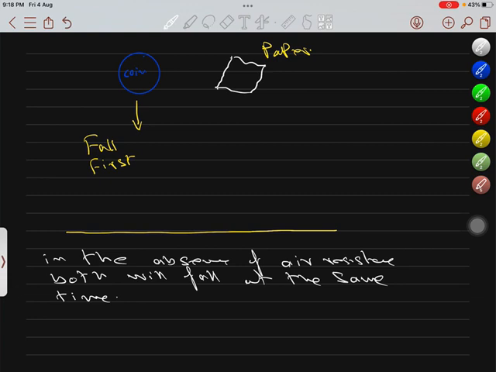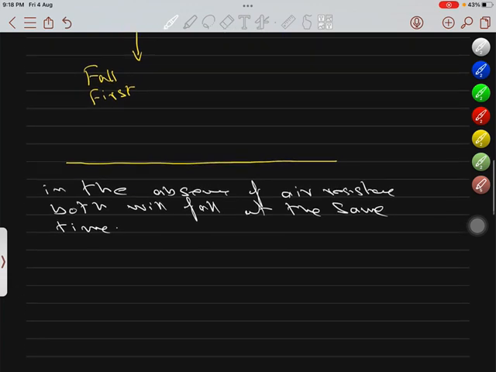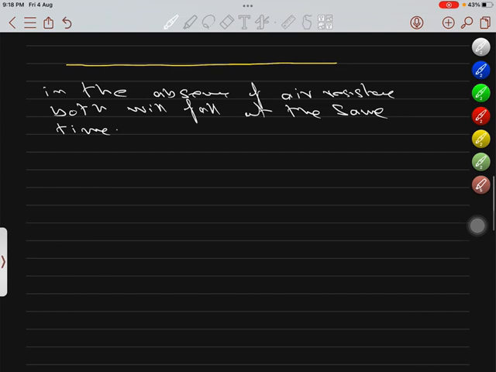Okay, now let's talk about the graph of the terminal velocity. Very important thing. Should not forget the graph of the terminal velocity. Now, if on the y-axis I take speed or velocity, and on the x-axis I take time.